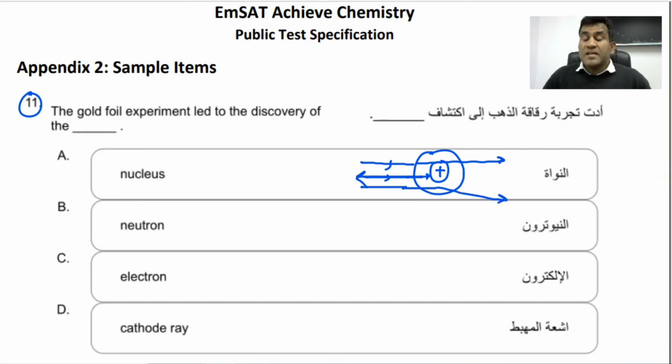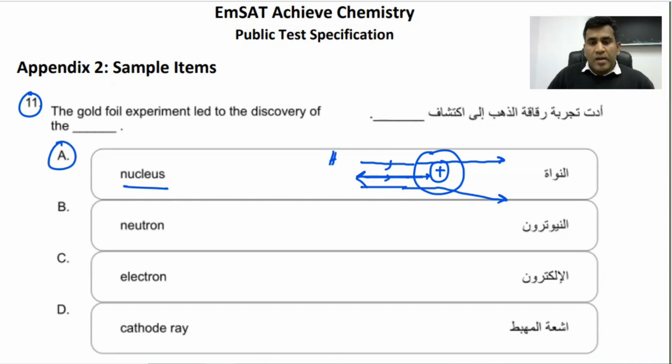So this shows that there is something positively charged present in the center of the atom, and he gave it the name nucleus. So the gold foil experiment led us to the discovery of the nucleus. That is how it was conducted experimentally.